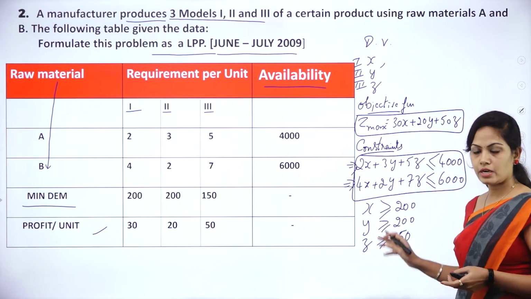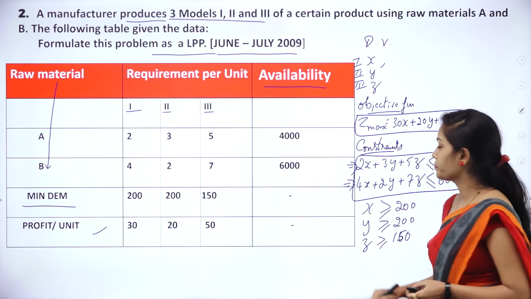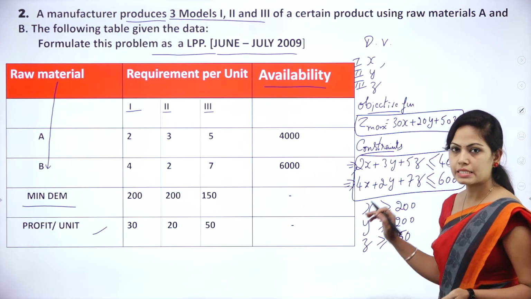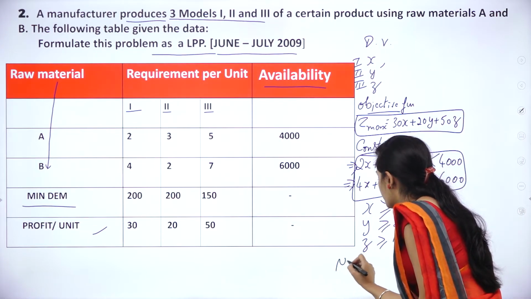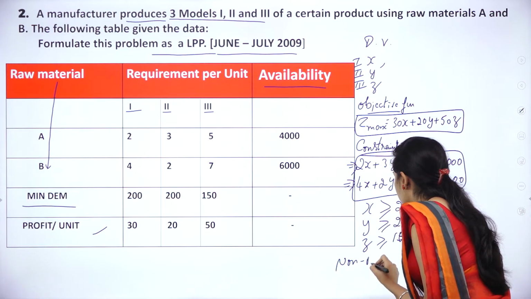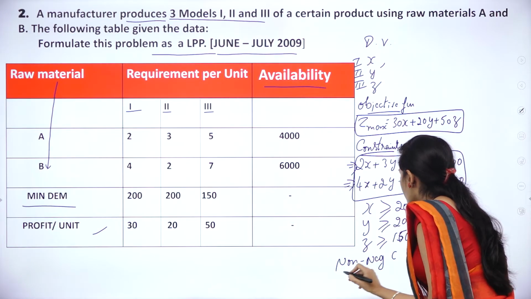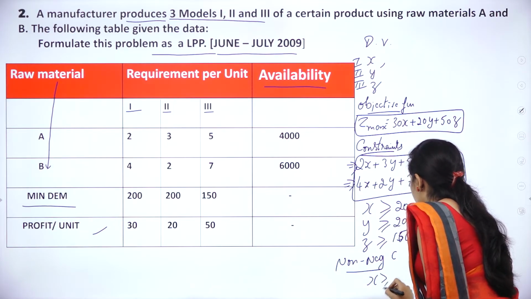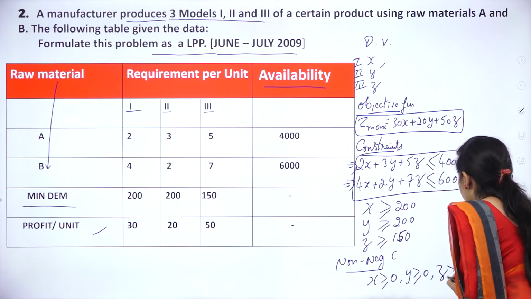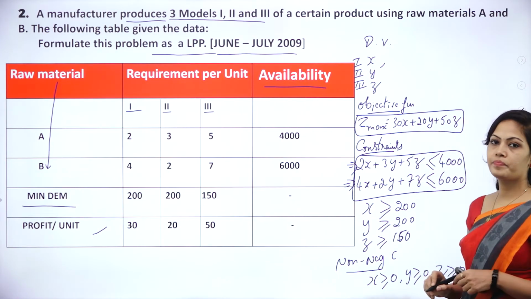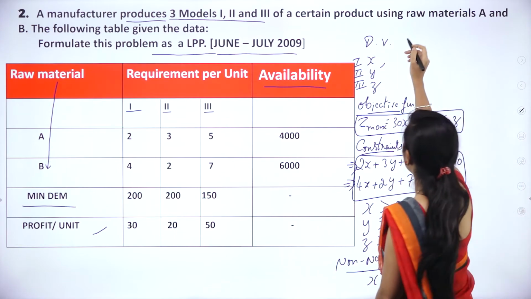These three are also constraints. So here we got the constraint values. Finally, we have three decision variables, so what are the non-negativity constraints? x greater than or equal to 0, y greater than or equal to 0, z greater than or equal to 0. Now I will construct the LP model.